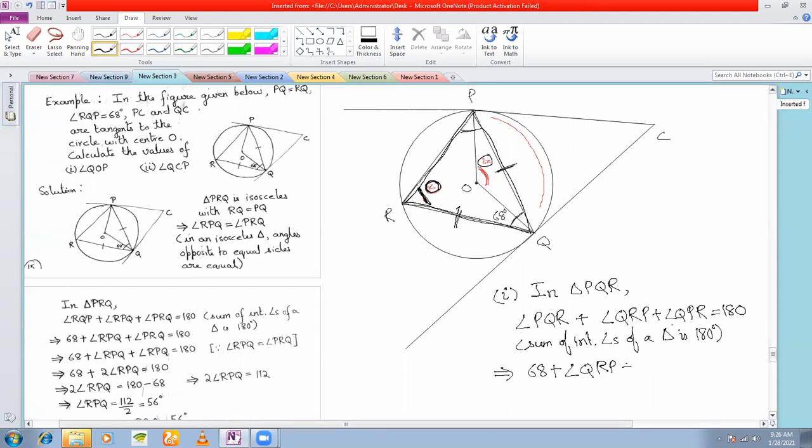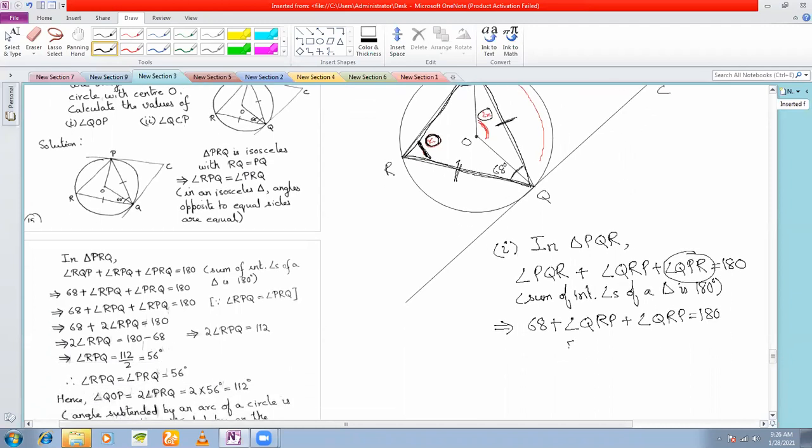You can replace this QPR with angle QRP, equal to 180 degrees, because angle QRP must be equal to angle QPR. That means 68 plus twice angle QRP equals 180. Now just solve for angle QRP.